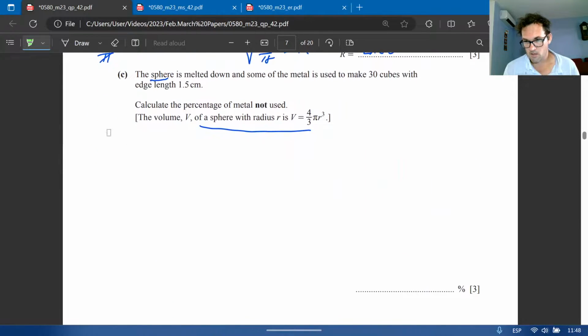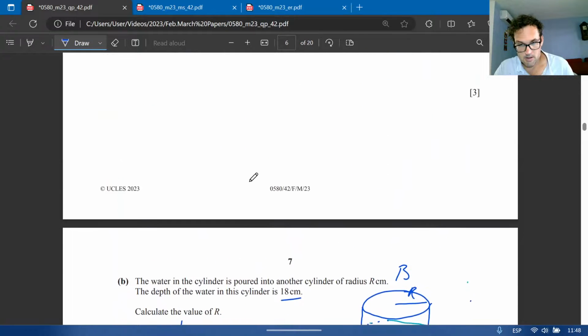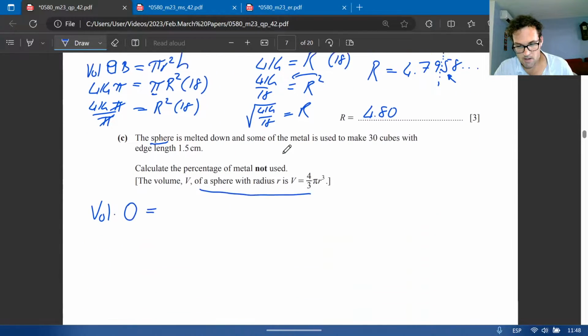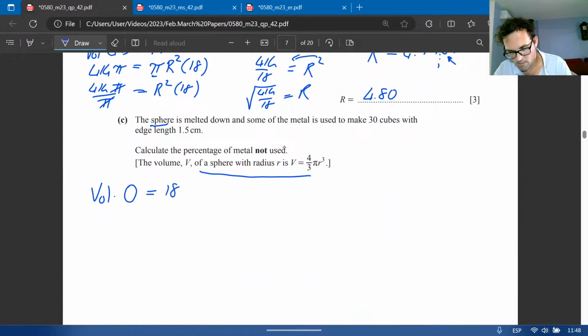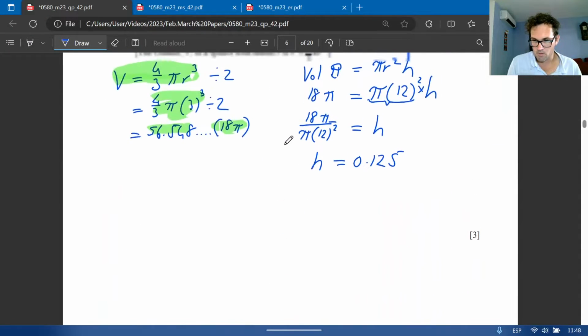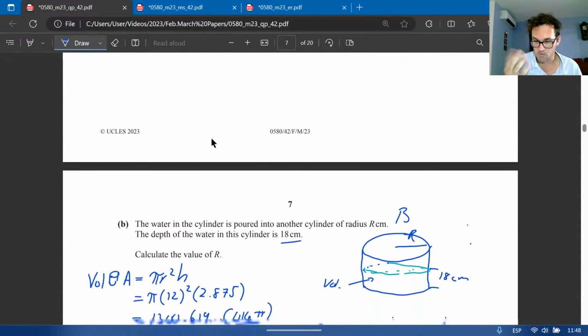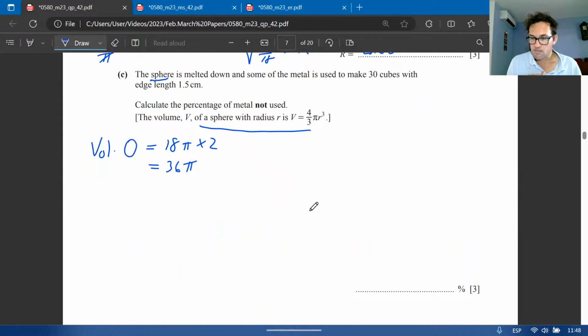I'm just going to write the volume of the sphere, we know that's a sphere because you don't have a volume of a circle. The hemisphere was 18 pi, we double it, so the whole sphere volume is 36 pi, or 56.548 times 2. Okay, nice.